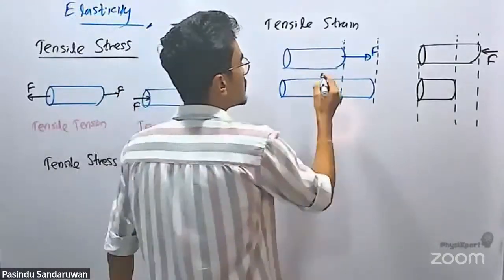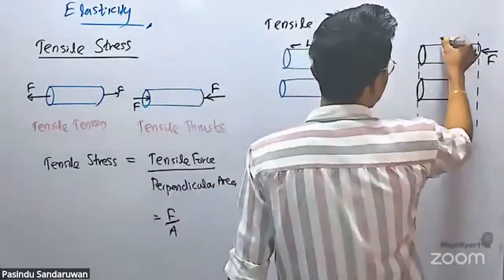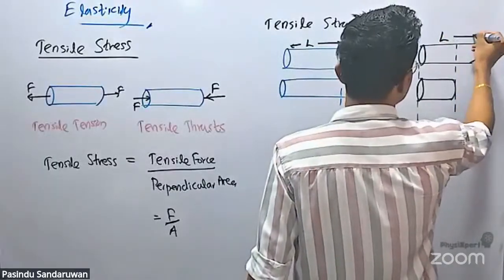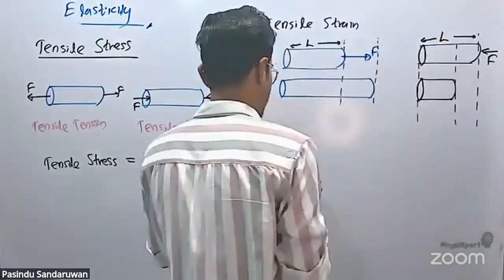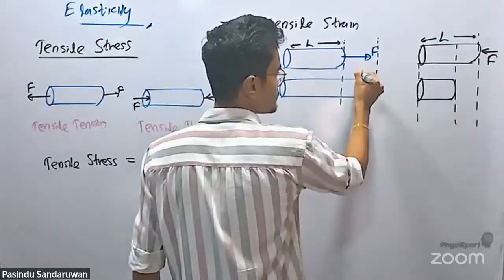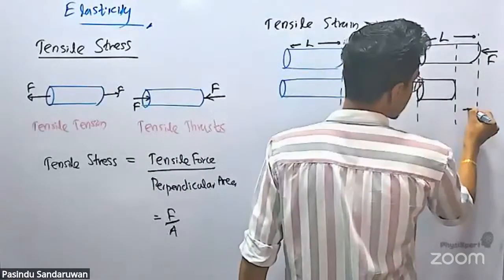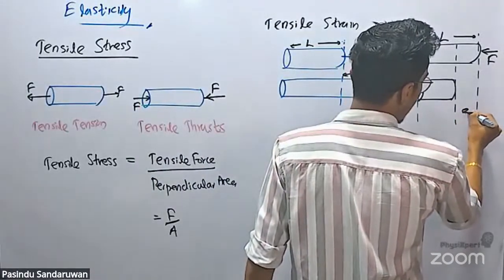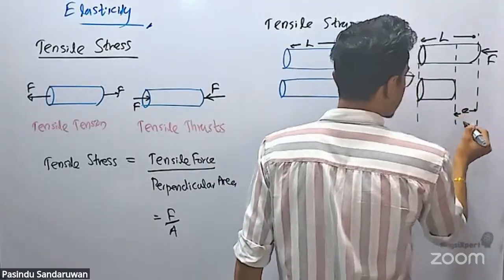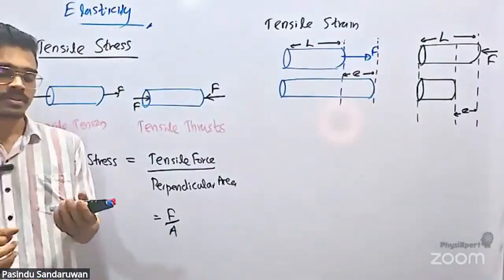Let's assume the initial length as L. Here also the initial length is L. The change in length is called extension. Even if it is a contraction, that is also called an extension.